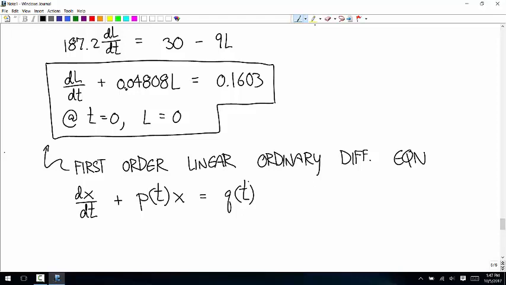We just have something multiplied by the derivative, and something multiplied just by the dependent variable. If you can write your differential equation in this form, there's a closed form solution for it.